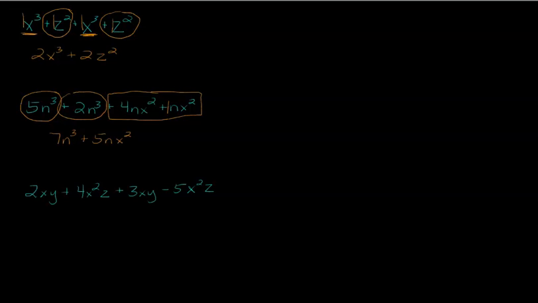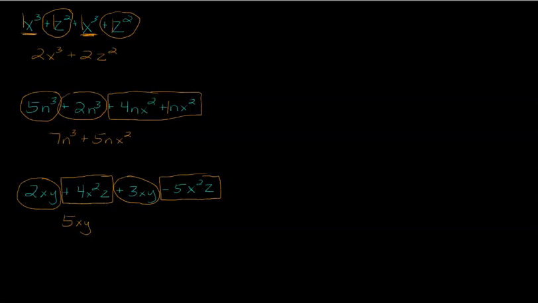All right, what about this one? We have an xy. Okay, so here's an xy. 2 plus 3xy. Right, so that's 5xy. All right, here we have a 4x squared z minus 5x squared z.